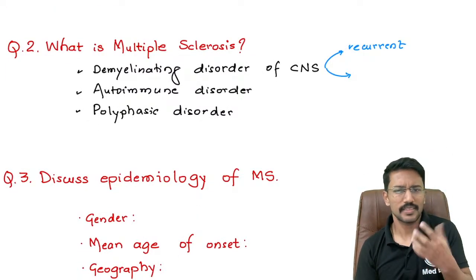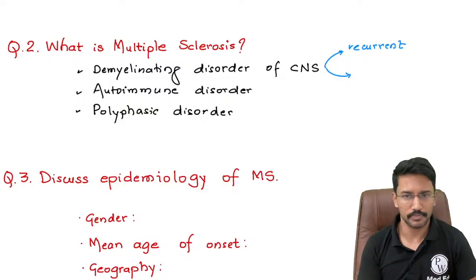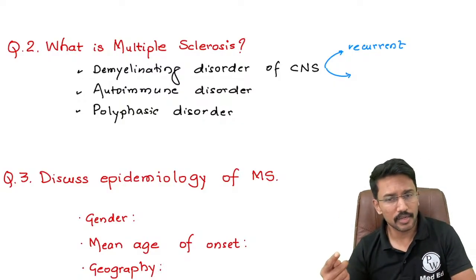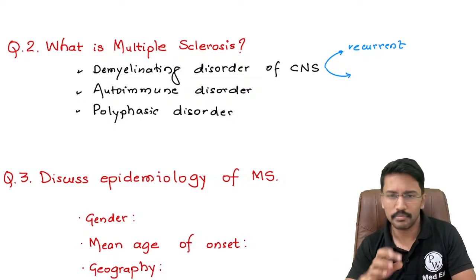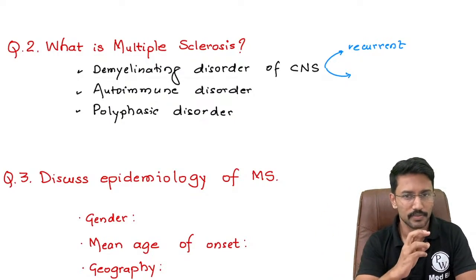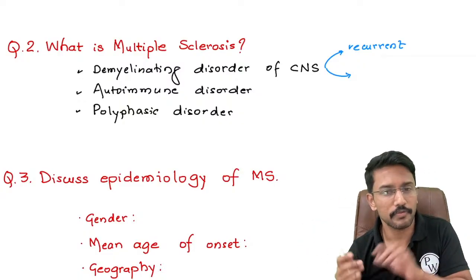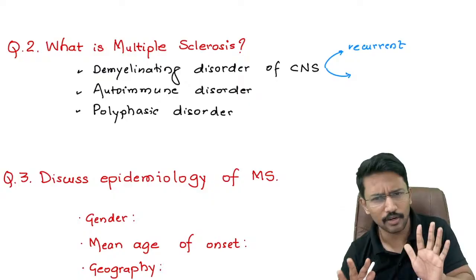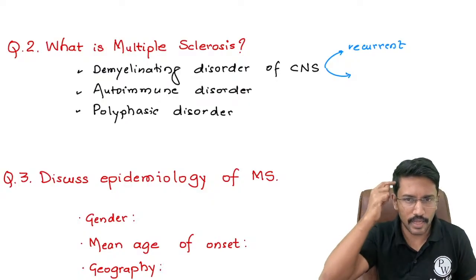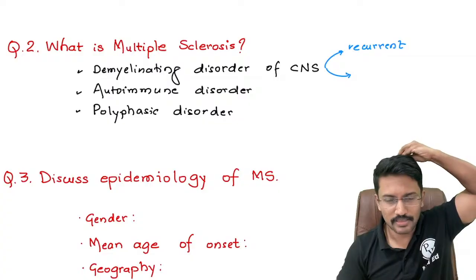For example, let us say on day one, there was demyelination of the cerebellum. Next time when demyelination happens, it need not only target the cerebellum. It may affect the spinal cord this time, the subcortex another time. So it is affecting different anatomical structures every time, not the same site. Same as alopecia areata: sometimes I have a hair loss patch here, and once I recover it here, somewhere else there may be hair loss.